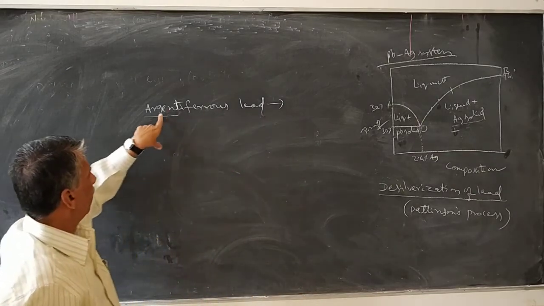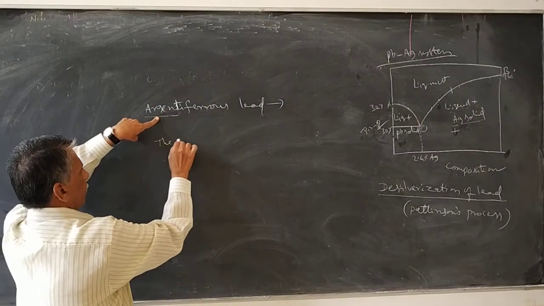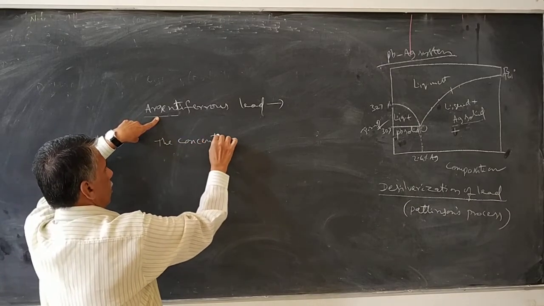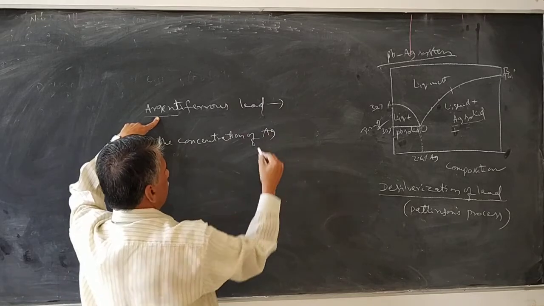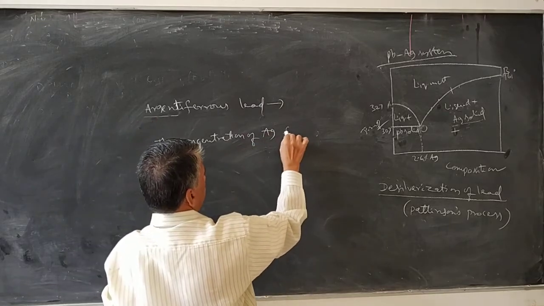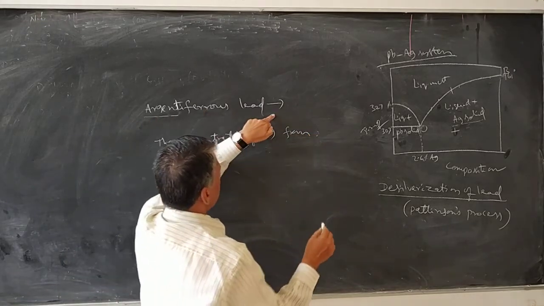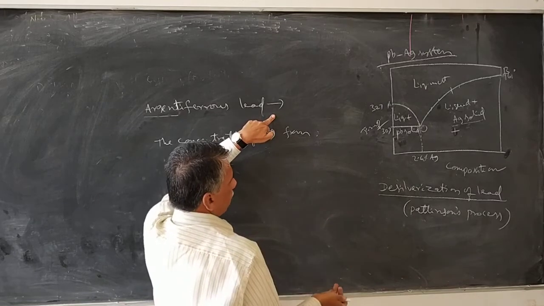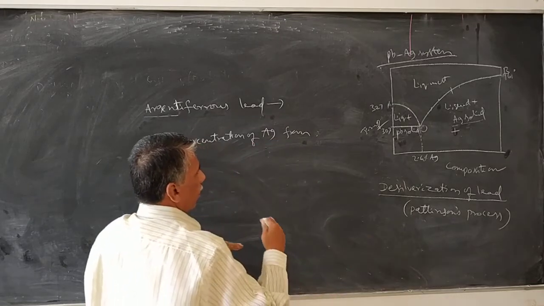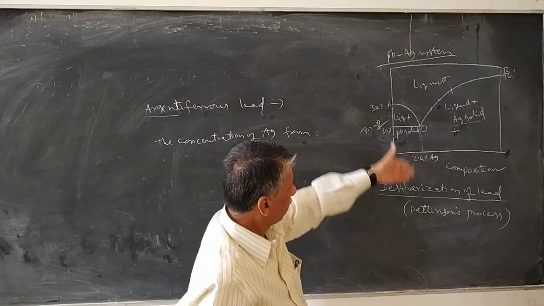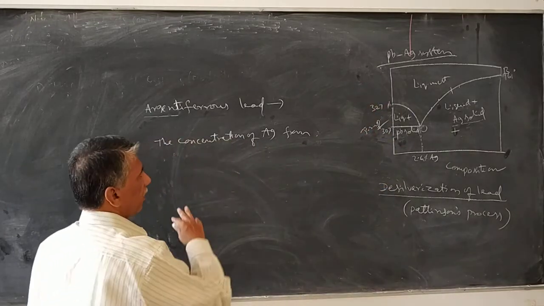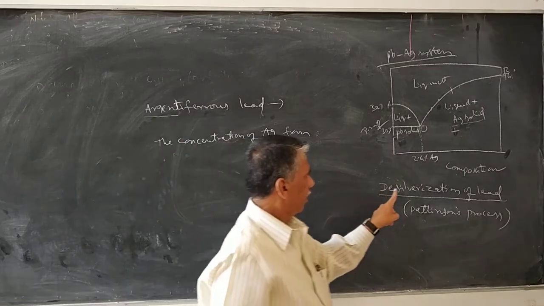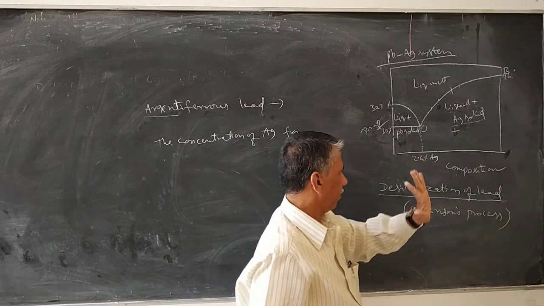The concentration of silver from argentiferous lead by using phase rule principles is known as desilverization of lead.